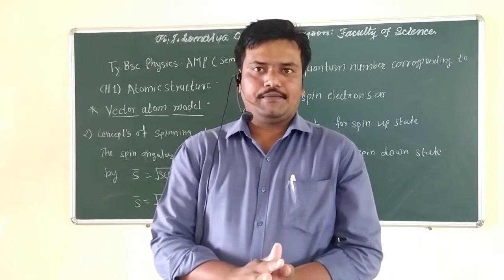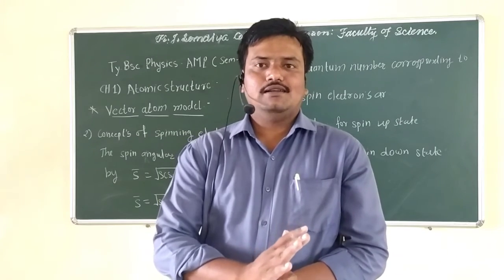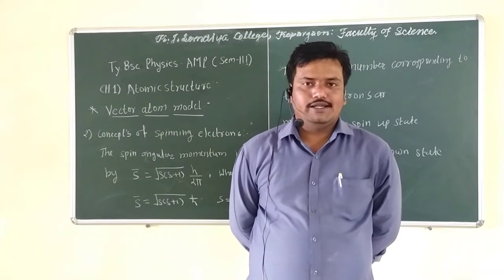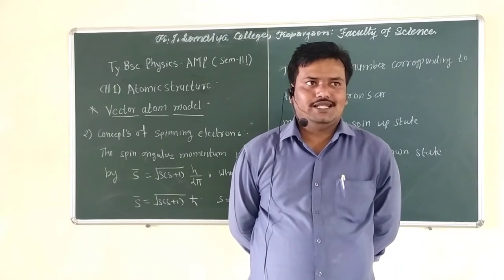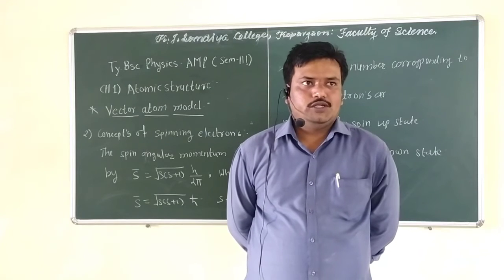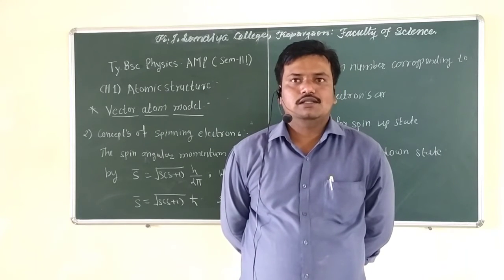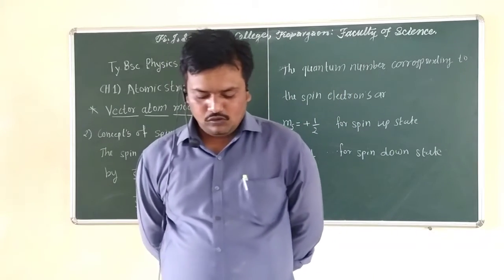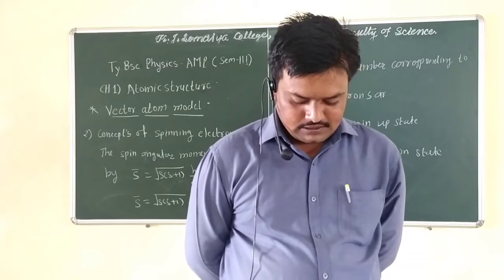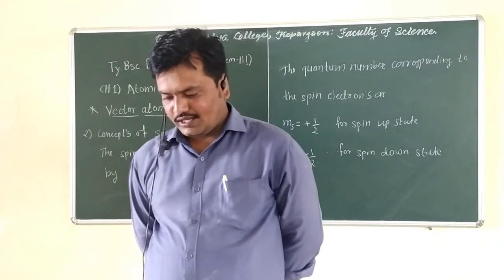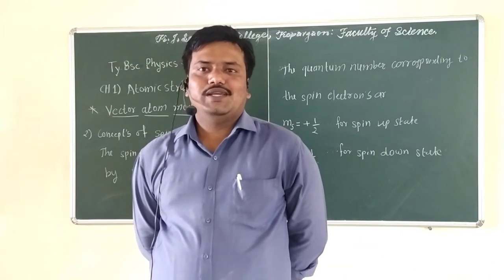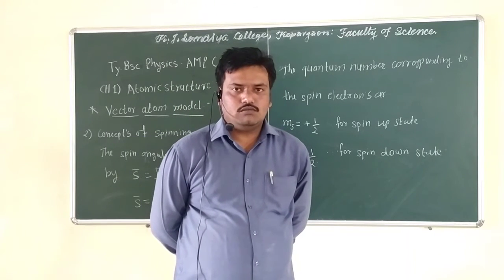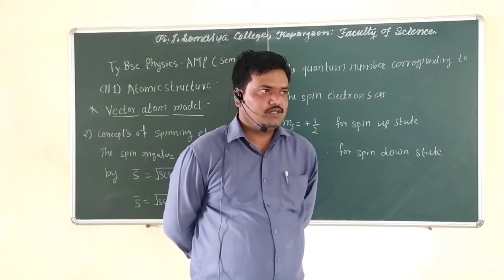S. Goudsmit and G. Uhlenbeck proposed a new theory for the electron spinning, and they considered a new quantum number, S bar, the spin angular momentum, along with the ms value, the spin magnetic quantum number.